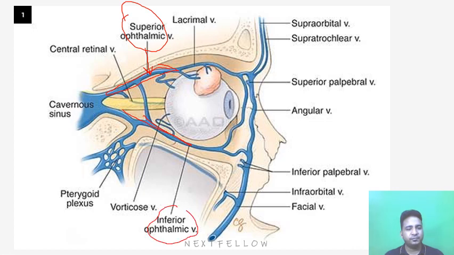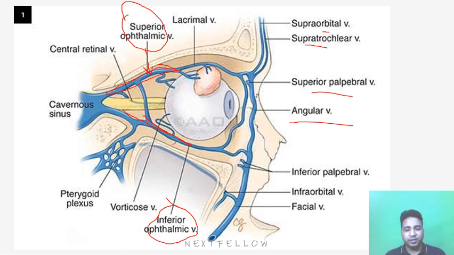The superior and inferior ophthalmic veins are drained by the supraorbital vein, supratrochlear vein, superior palpebral vein, and angular veins, and retinal veins also. You can see the retinal vein and lacrimal veins. So these, the venous supply around the orbit, are draining into the superior and inferior ophthalmic veins, which go directly into the cavernous sinus.